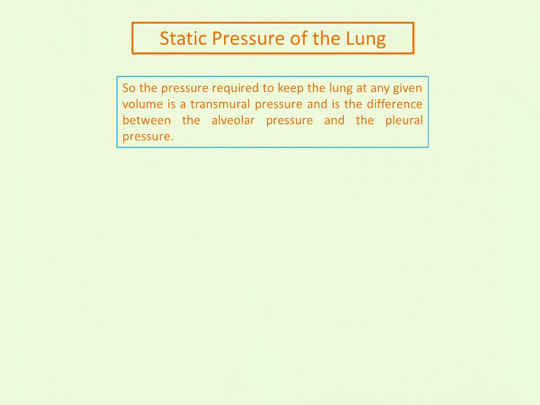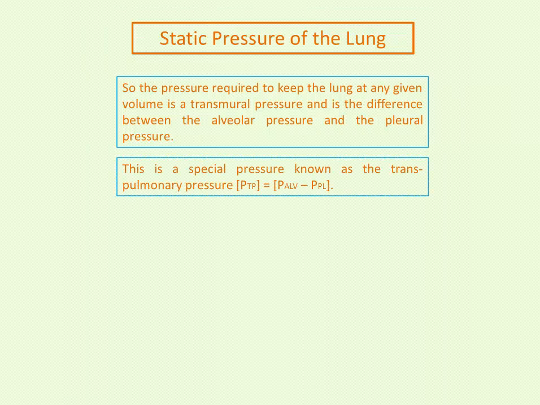So the pressure required to keep the lung at any given volume is this transmural pressure, and it's the difference between the alveolar pressure and the pleural pressure. And as I mentioned, this is a very special pressure to pulmonologists and physiologists and intensivists, and this is known as the transpulmonary pressure. This is really the pressure that predicts barotrauma.